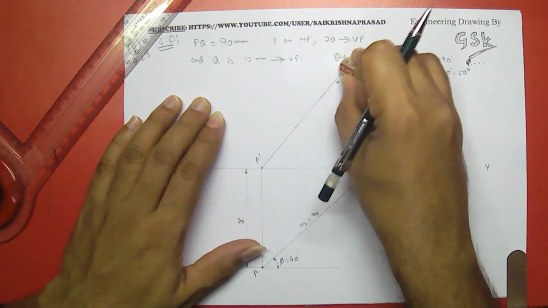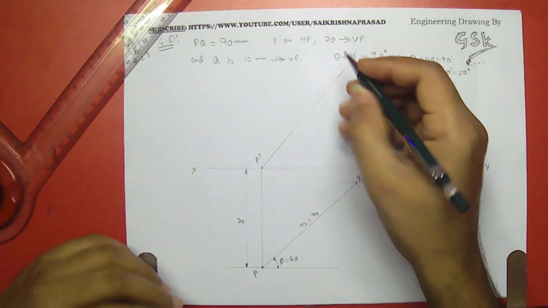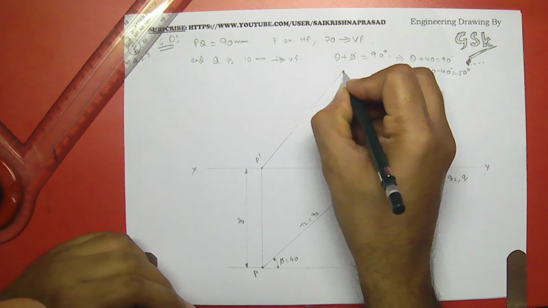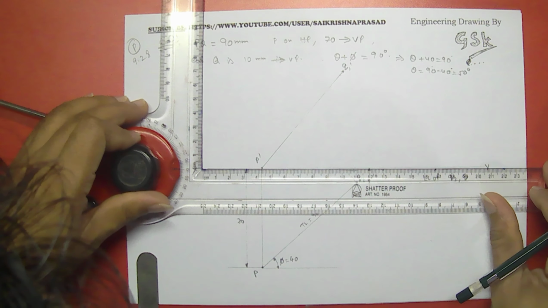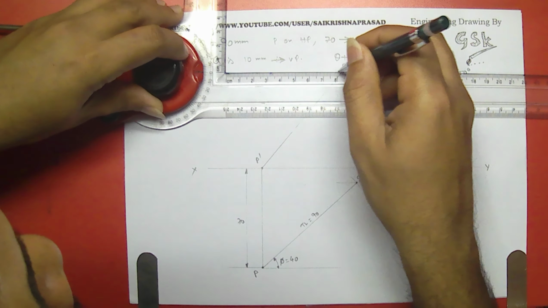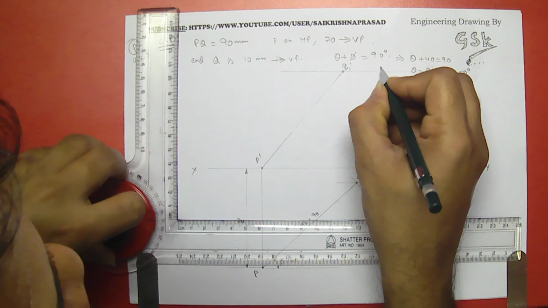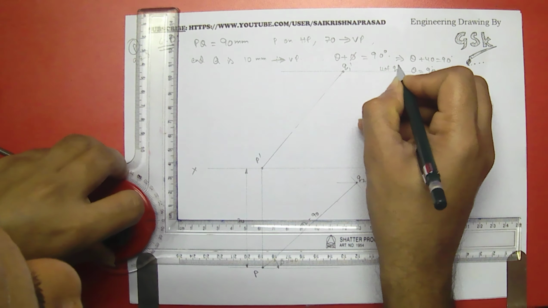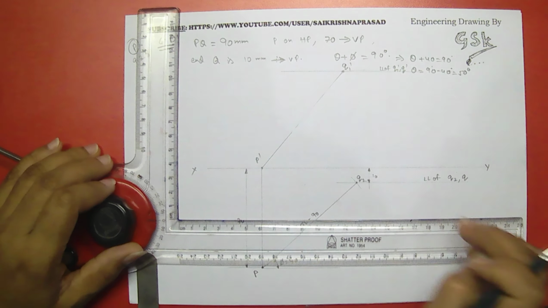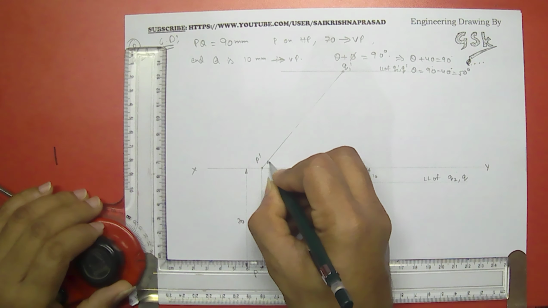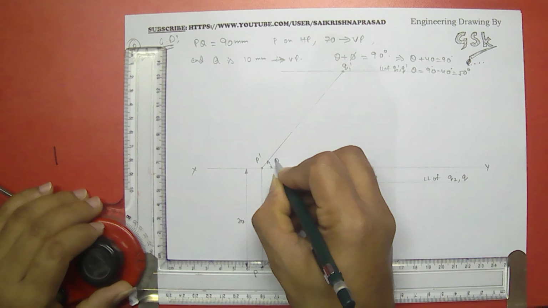I should have drawn this light, because this is not a final projection or final answer what we are getting over here. This is only the reference. So this is Q1 dash, and let me draw the locus line for that point. This is the locus line of Q1 dash and Q dash, right? On this line only Q dash would be coming over here, and this is theta 50 degrees.